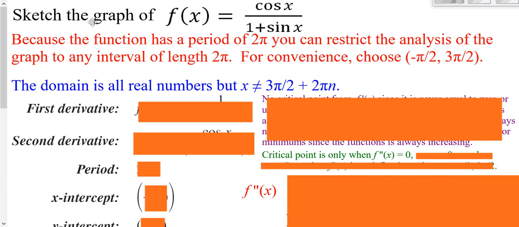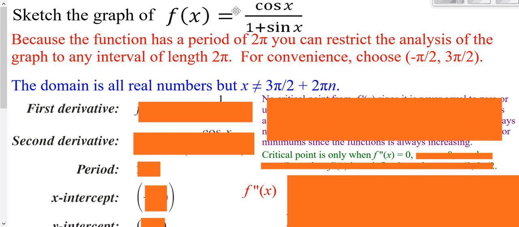So here, if we look at this graph, it's a periodic function, so it's going to repeat every 2 pi, because remember, to find your period, you can use the peanut butter equation from pre-calc, that your period times your b value, which in both cases is 1, is equal to 2 pi. So for the sake of this problem, we're going to only look at one period from -pi/2 to +3 pi/2.